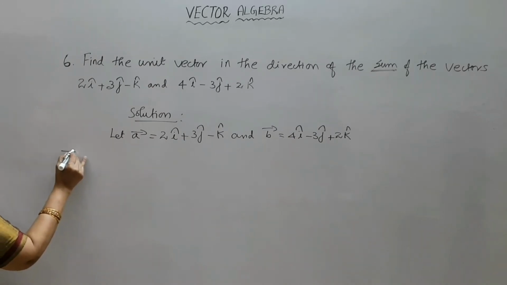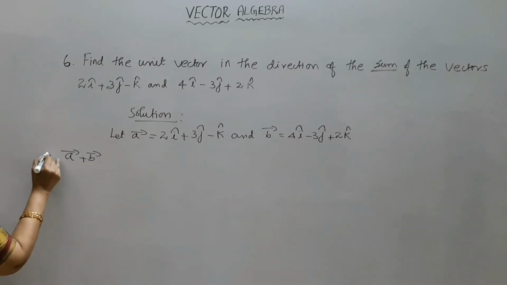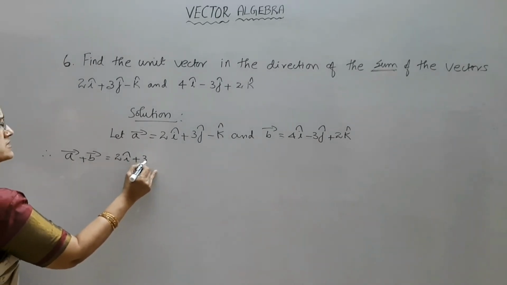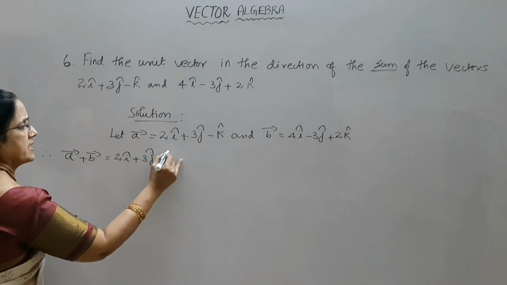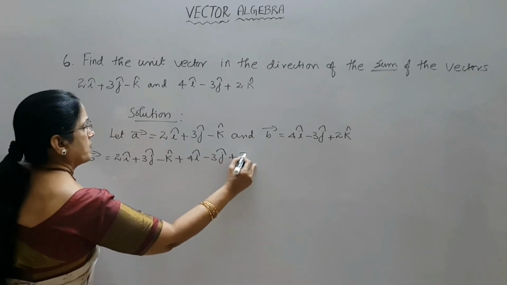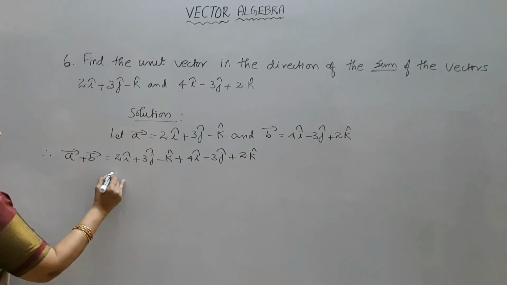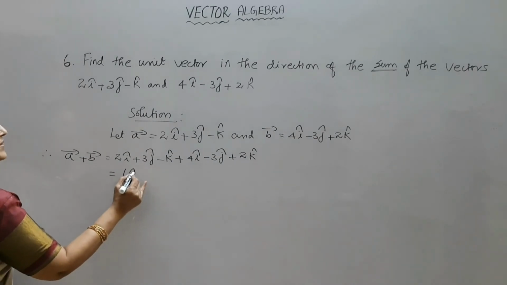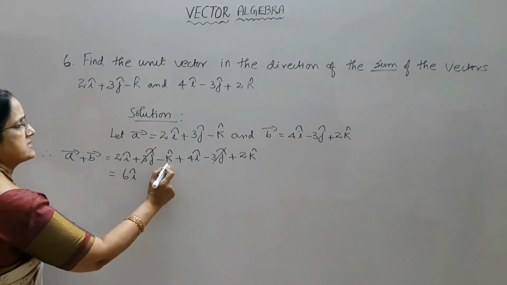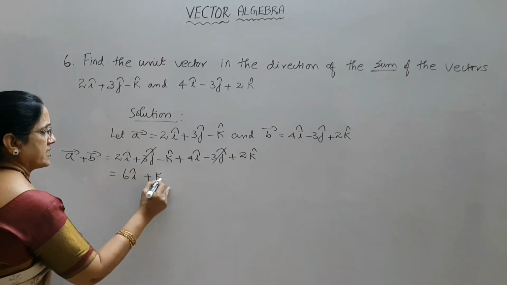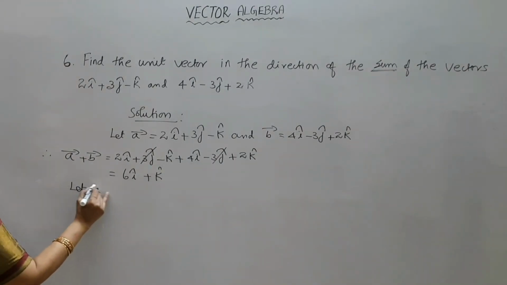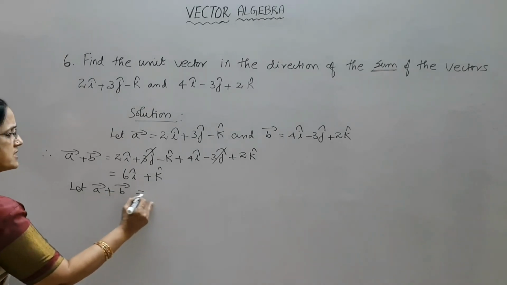Therefore a vector plus b vector is equal to 2i cap plus 3j cap minus k cap plus 4i cap minus 3j cap plus 2k cap. This will be 6i cap, plus 3j cap minus 3j cap will get cancelled, then minus k cap plus 2k cap is going to be k cap. Like the previous sum, let us make the assumption now. Let a vector plus b vector is equal to d vector.